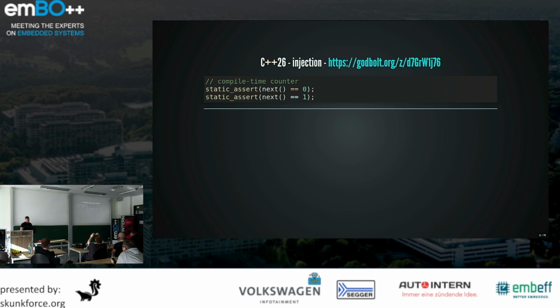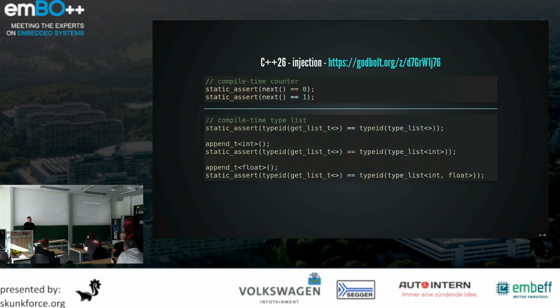So you can have, for example, next, and if you ask a second time, you'll get a different number. So that's possible in this reflection proposal. It's also possible in C++, but the proposal actually makes it valid, because without the proposal, you have to do friend injection. I'm not going into details, but if you're interested, happy to talk about it afterwards.